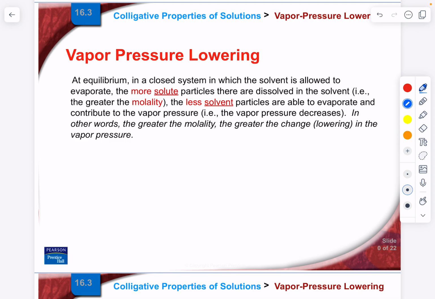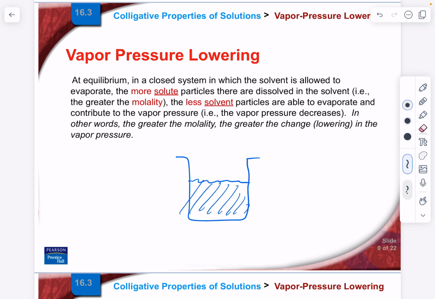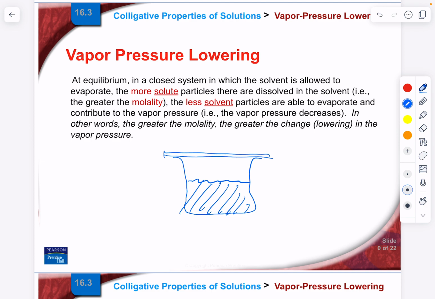The vapor pressure, and again, I'm going to draw a nice big beaker here. You can see the beaker because you've got your little lips in the side, and we've got liquid inside. You can see it's got waves, of course. And so there's my solvent inside the liquid, and let's redraw the beaker. I'm going to put a cover over the top so I have a closed system that can reach equilibrium.